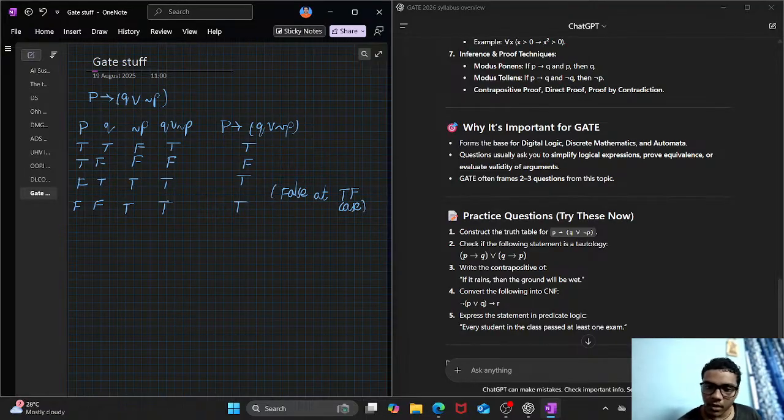And tautology, we need to check whether it is a tautology or not.